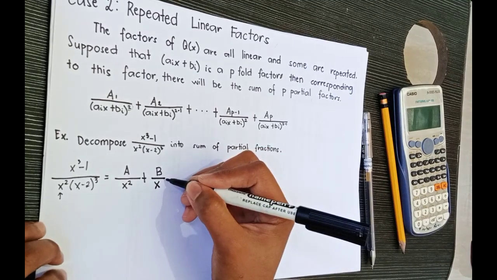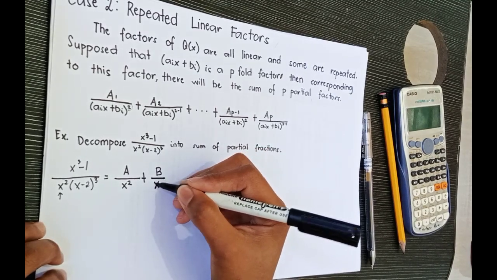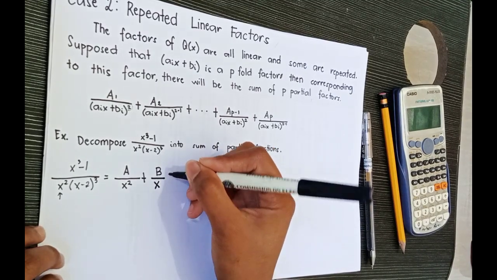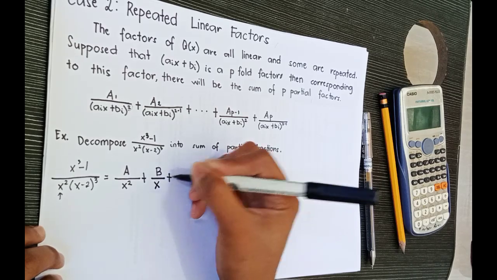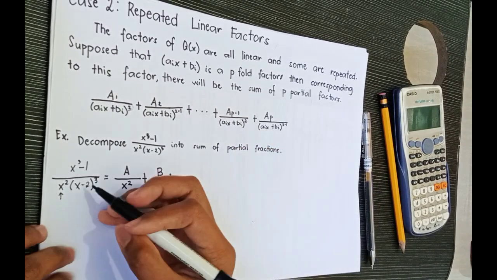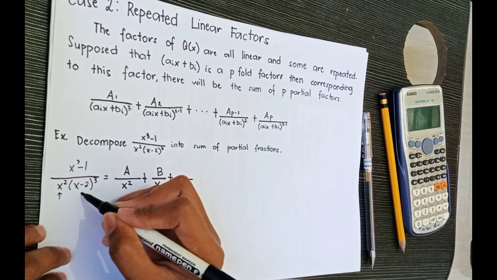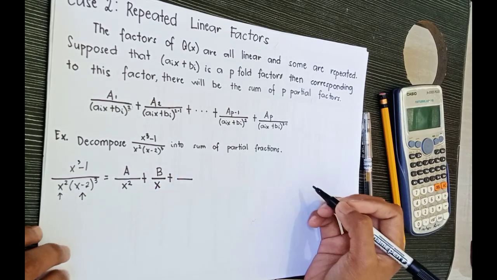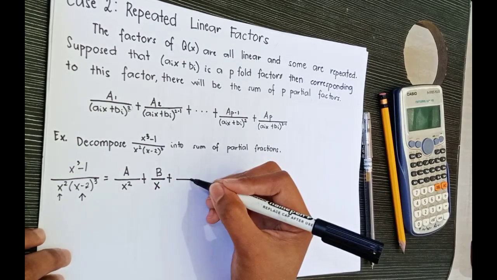Since x is now raised to 1, plus, we have another repeated linear factor in the denominator: x minus 2 being raised to the power of 3.